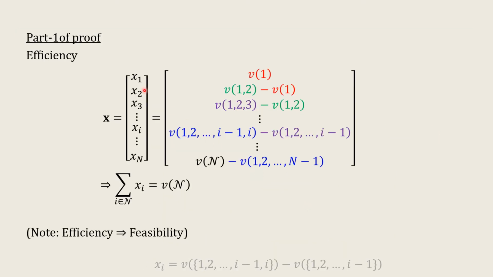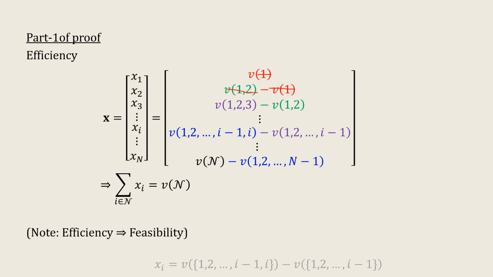So first I have to prove that it's efficient. This is the general expression for xi: x1 is v(1), x2 is v(1,2) minus v(1), x3 is v(1,2,3) minus v(1,2), and so on. In order to show that x is efficient, the summation of xi must be equal to the value of the grand coalition N. If you look at the right hand side, v(1) and negative v(1) cancel out.